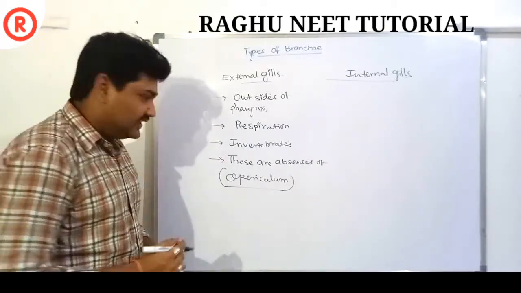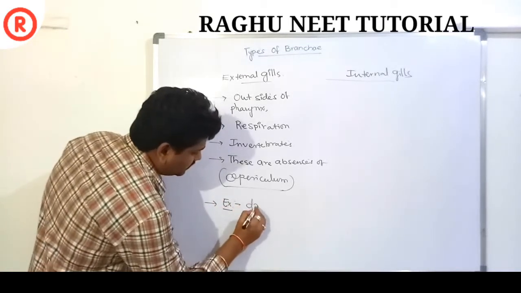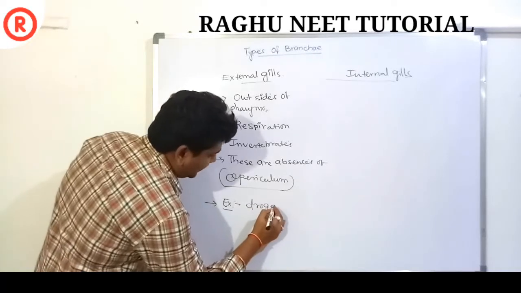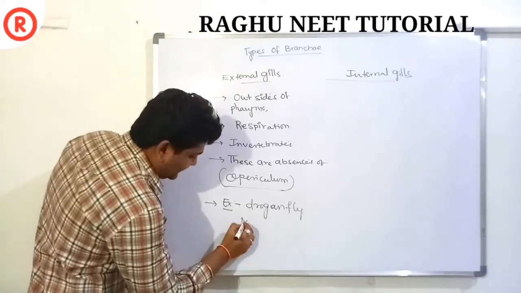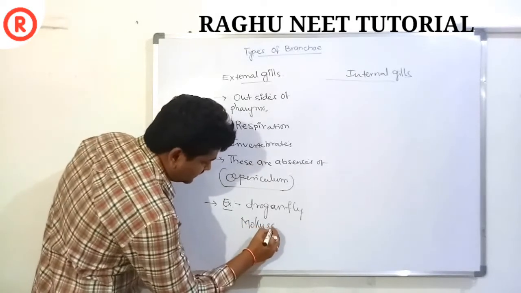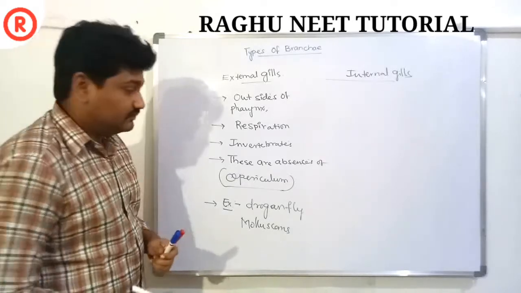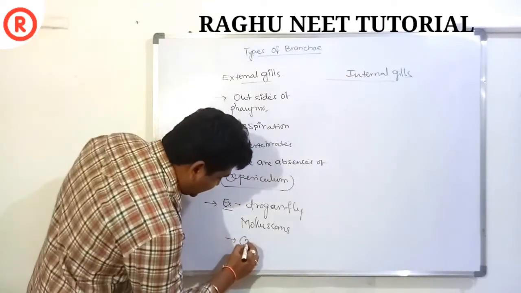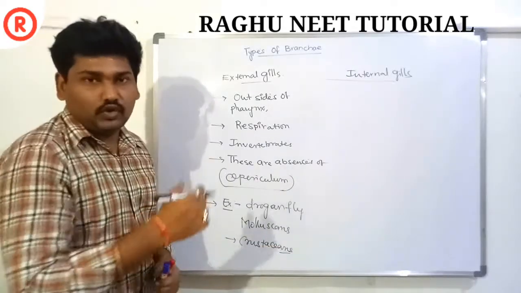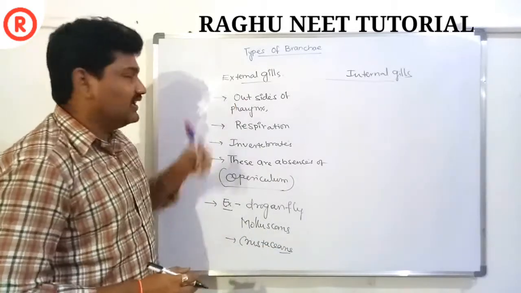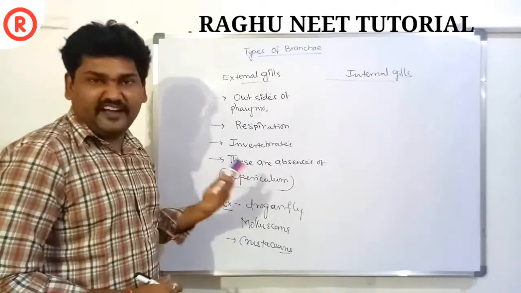Examples of external gills are dragonfly and some molluscans. Some molluscans show external gill respiration, and some crustaceans also. Branchiae, arthrobranchiae, like that. These are without operculum and are located on the external body of the pharynx region.